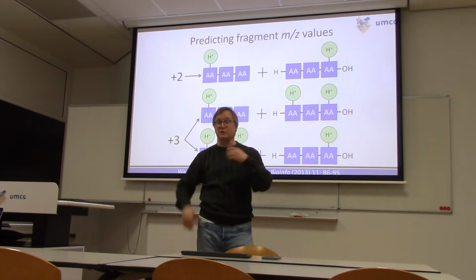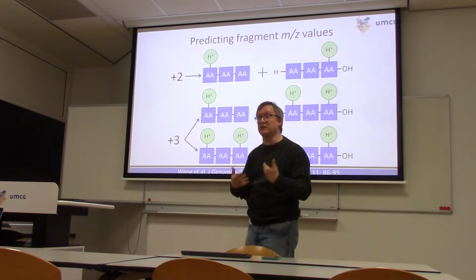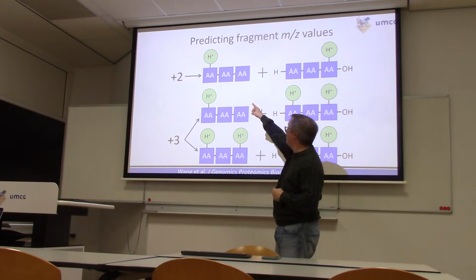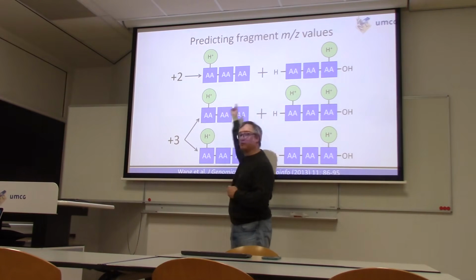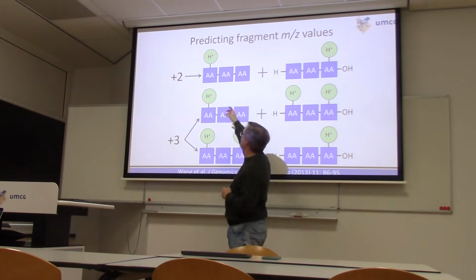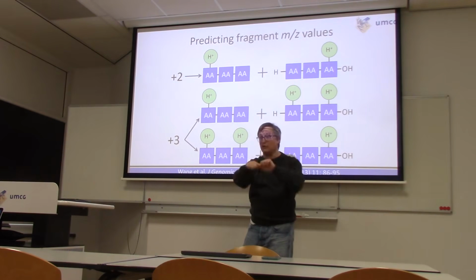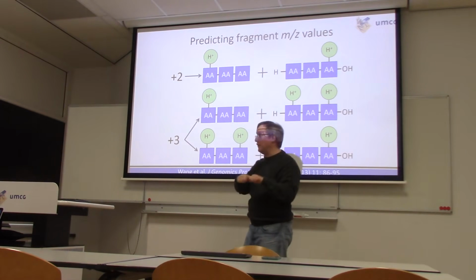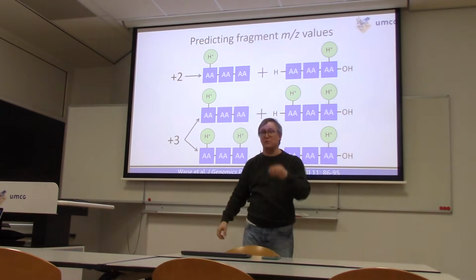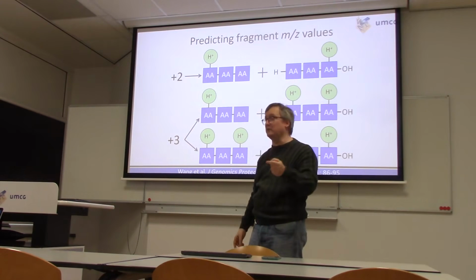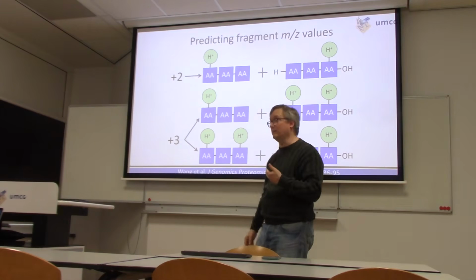So if we're trying to determine the mass of these things, we need to remember that this is more than just 3 amino acids in space. There are 3 amino acids linked together, so the residue masses matter, and they're bearing a proton. We have to keep the proton in mind when we remember the mass of the thing.